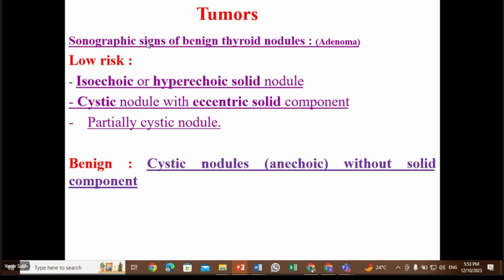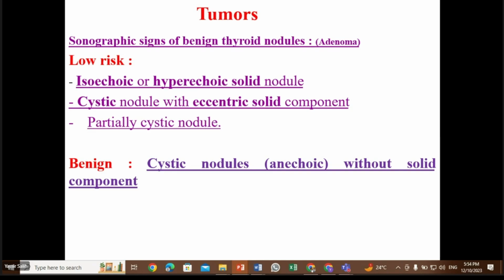This slide talks about sonographic signs of benign thyroid nodules. You must know the features of the lesion that carries a high or low risk of malignancy. The straightforward ones are benign, but the low risk ones carry a possibility of malignancy, so they should be approached with care. We fear them and do more assessment.